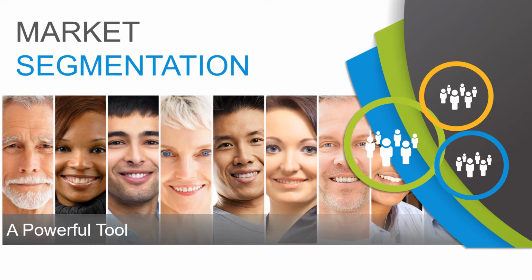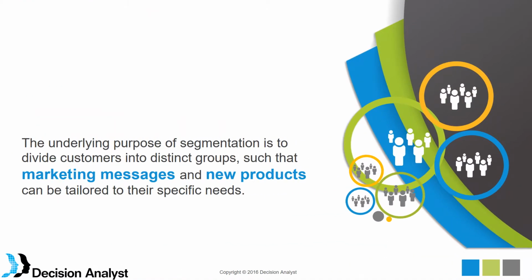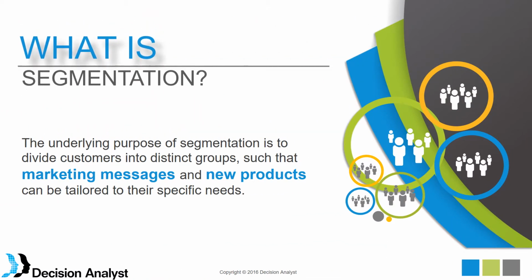So the goal of marketing is to concentrate effort within a specific customer group or groups to gain a competitive advantage. Market segmentation aids this endeavor by identifying groups of customers who are similar to one another. So what is segmentation? Well, it has two broad purposes.